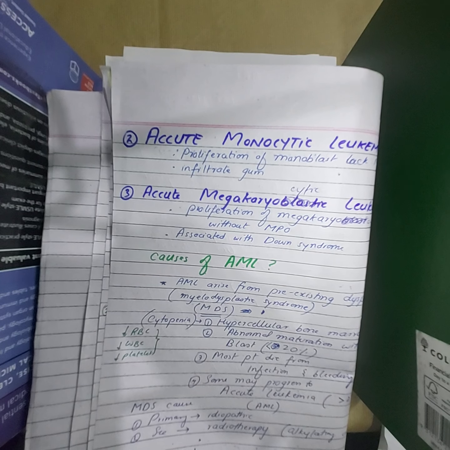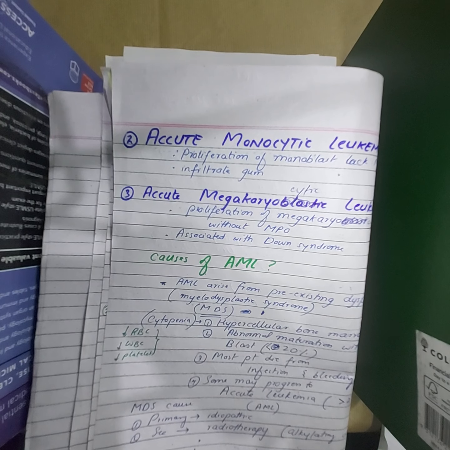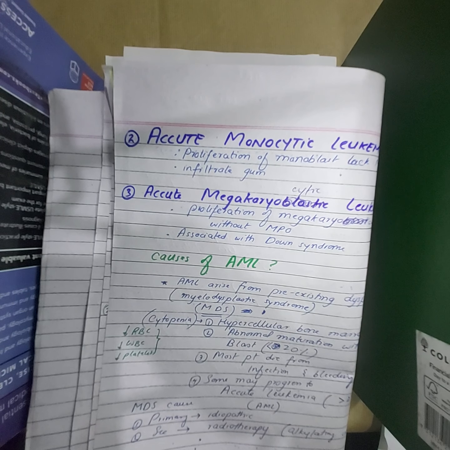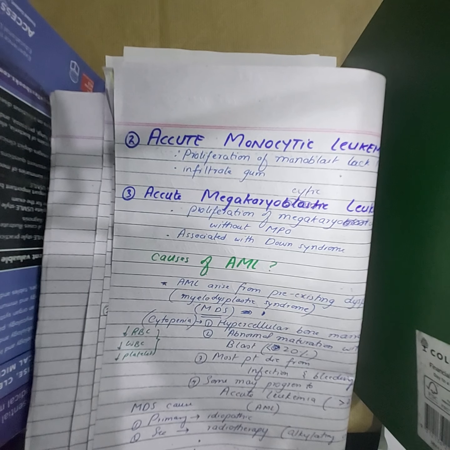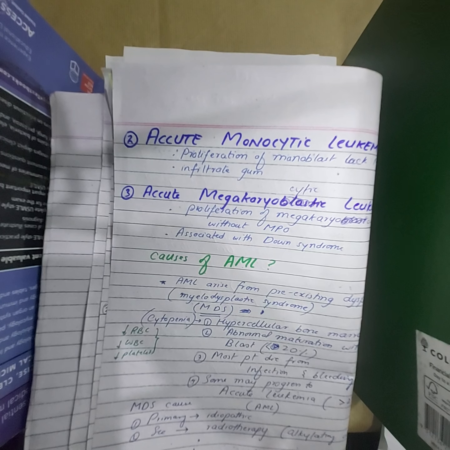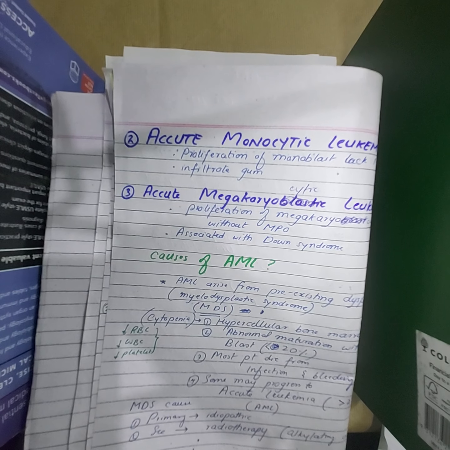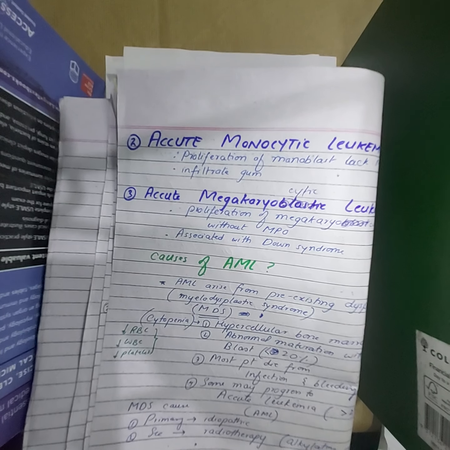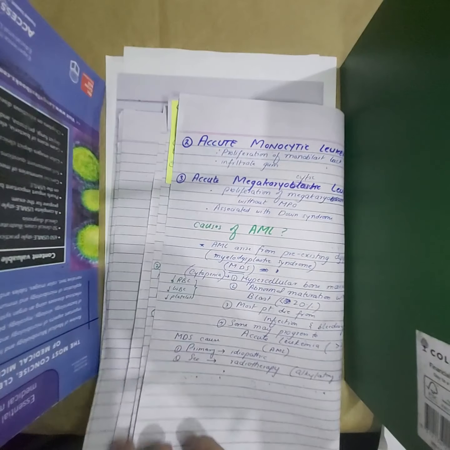What causes acute myeloid leukemia? What is the science behind it, and how does it progress? Acute myeloid leukemia arises from pre-existing dysplasia in the bone marrow.